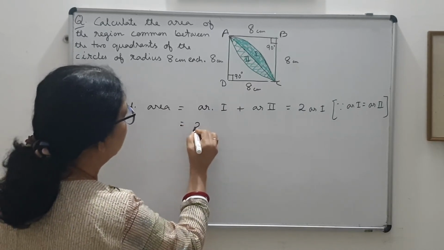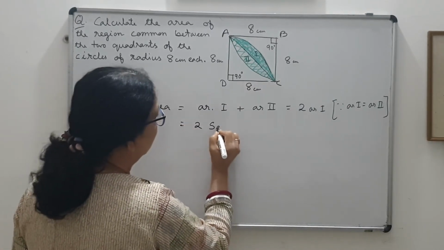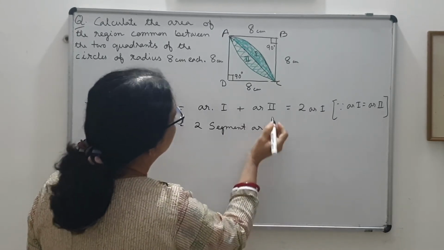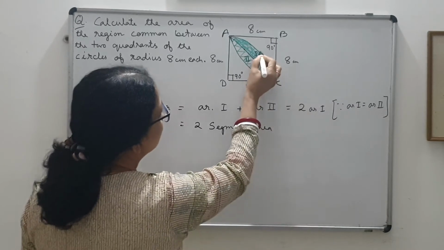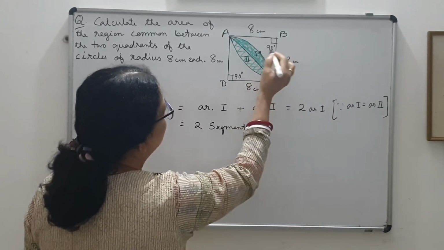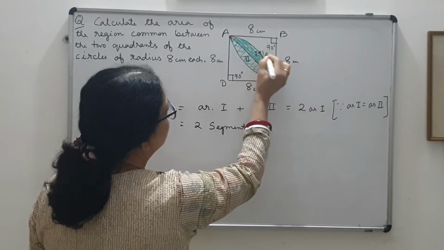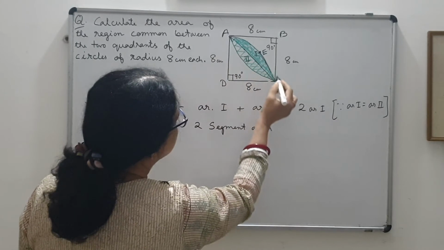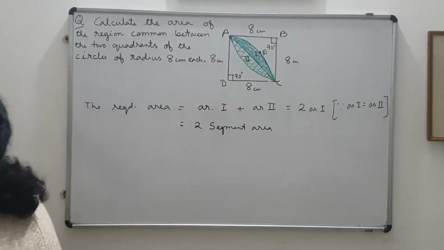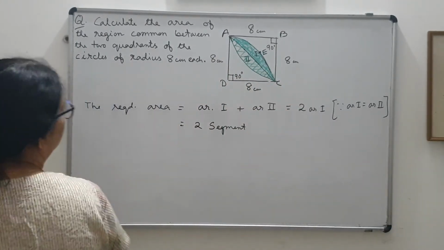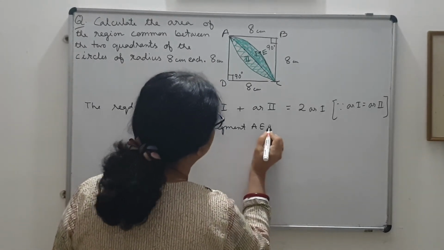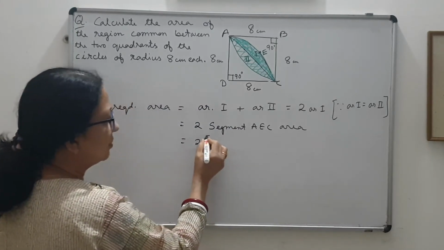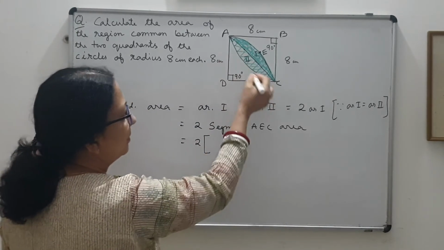So twice of area 1 is nothing but segment area. I am taking area 1. Let me give names here, say points A, B, C, D, E. So segment AEC area. Segment area, as you know, is quadrant sector area minus triangle area.